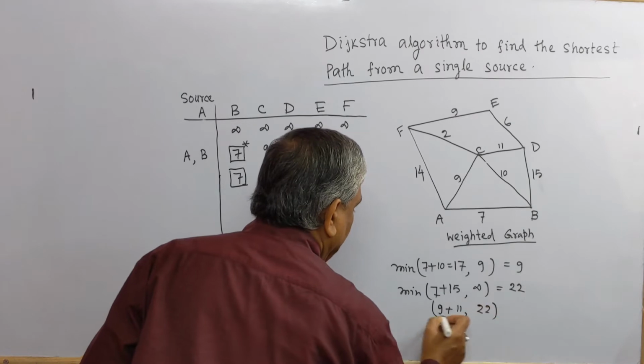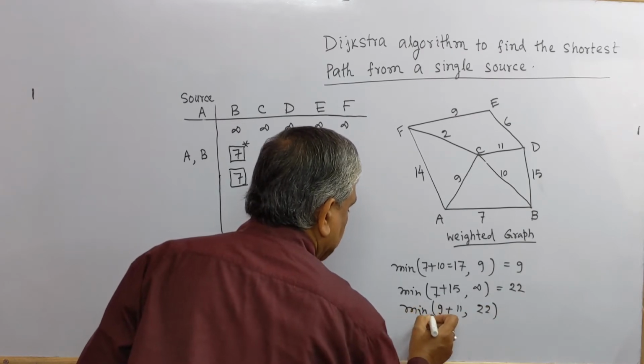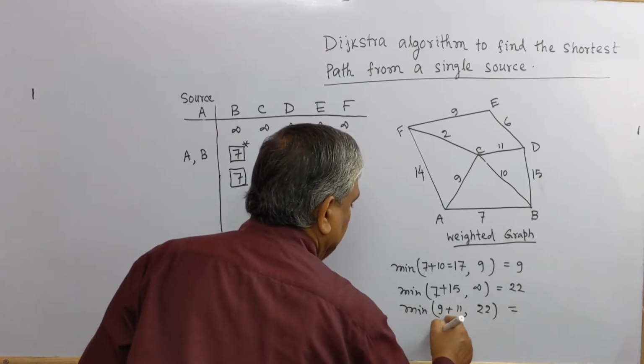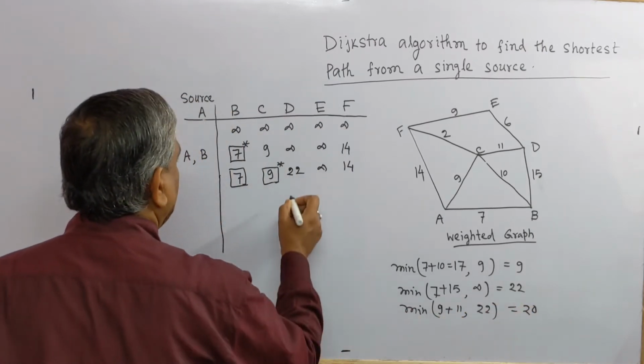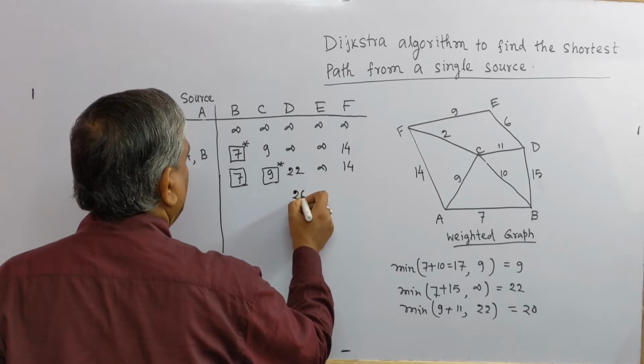So we take the minimum of these two numbers, 11 plus 9 is 20. So we write here 20.